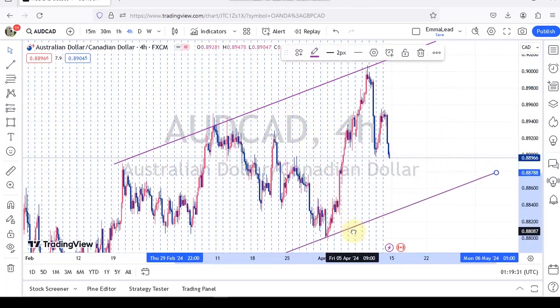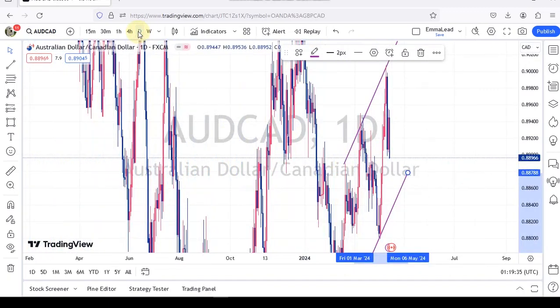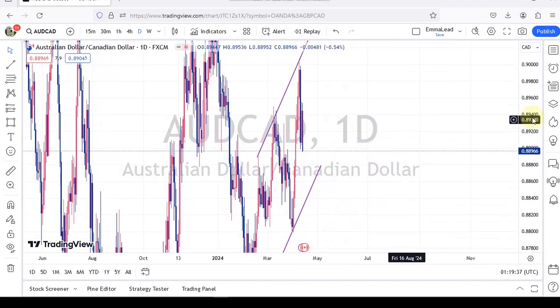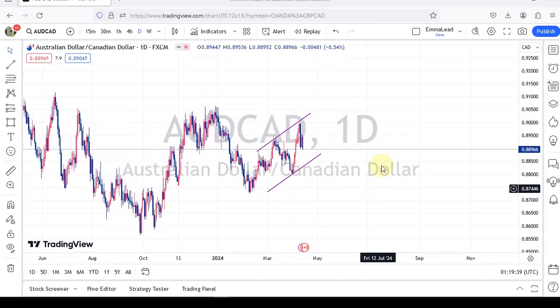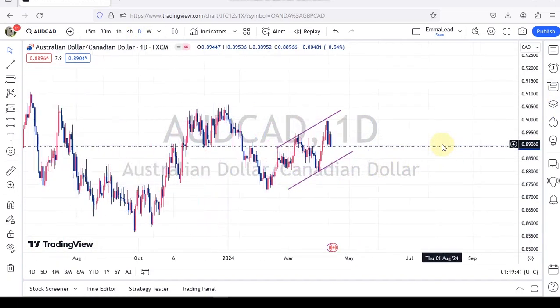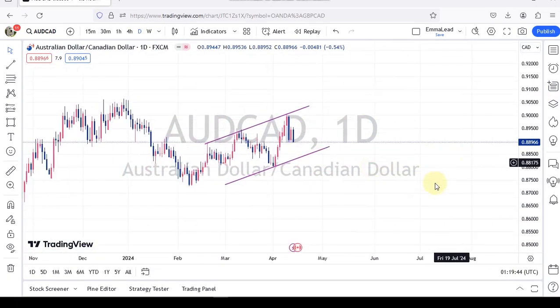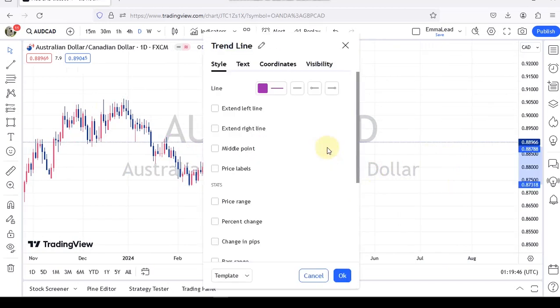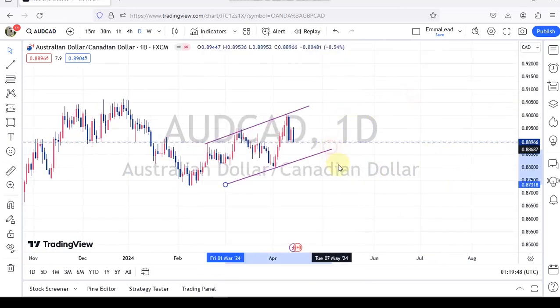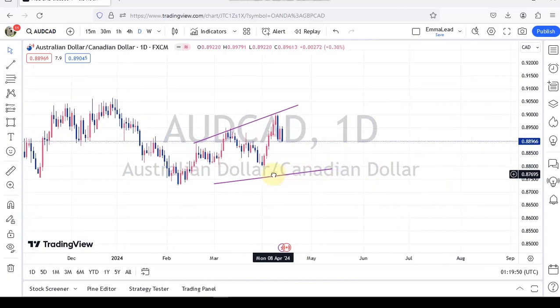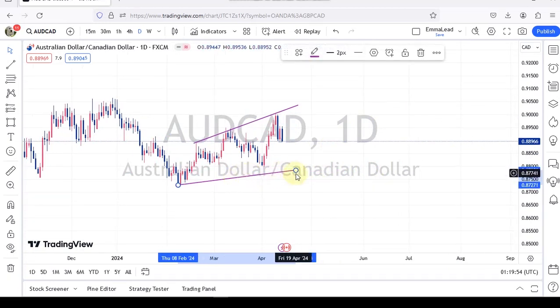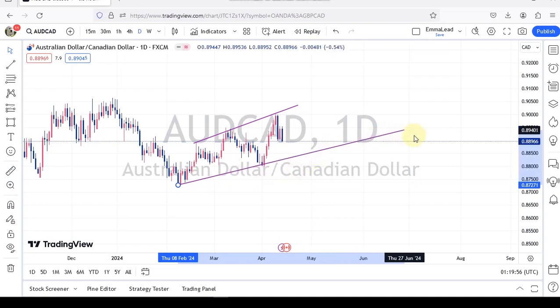In case I'm not seeing it clearly, I still take it back to daily and see what it looks like. Sorry about that. Even if I want to trace this particular trend here, this is the essence of taking it to a higher time frame so that I can see it more clearly and better.